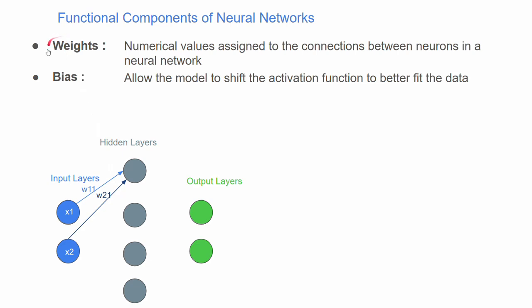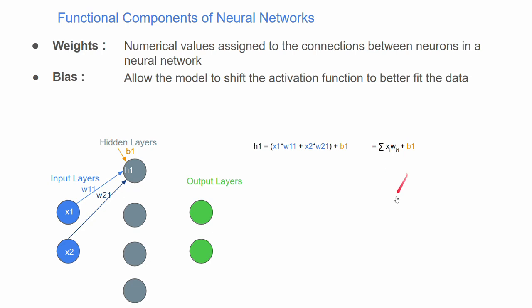And then we add the bias, b1. So how will this be represented? We have h1, which is a numerical calculation: x1 times w11 plus x2 times w21 plus bias. So we get h1 using these weights and bias.